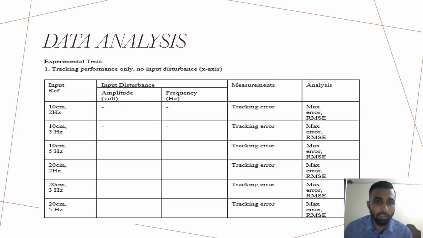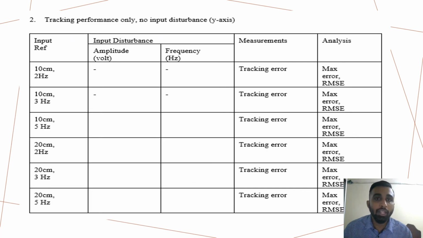So once we successfully set up all the components, this is the data analysis I will be gathering in this project. First we'll be gathering data for tracking performance only, without input disturbance, in the x-axis, and then we will be getting data analysis for tracking performance only, without input disturbance, on the y-axis.